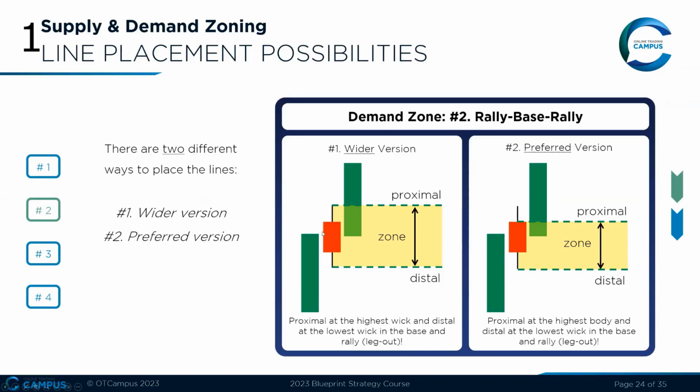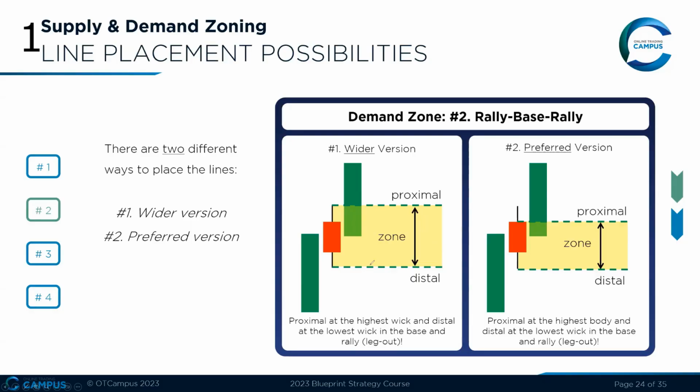The difference between the wider and the preferred version is where we place the proximal line. Either we're going to take the entire basing range of the candles, or we're just going to take a smaller range by using the upper body of the basing candles. And depending on which one we use, the zone would get either smaller or larger.